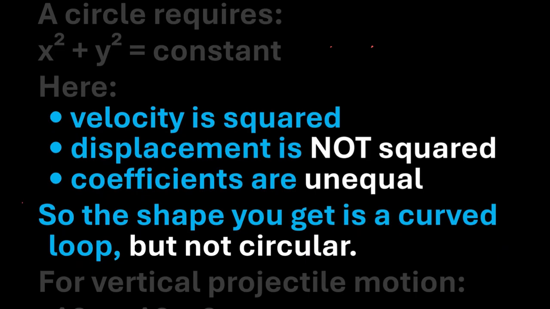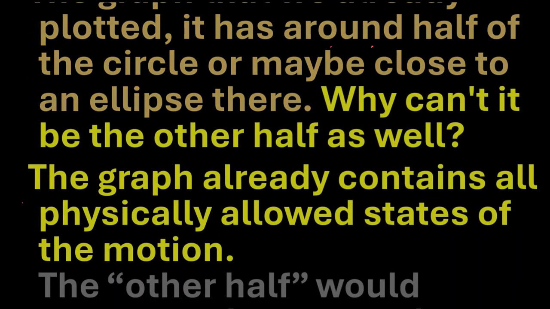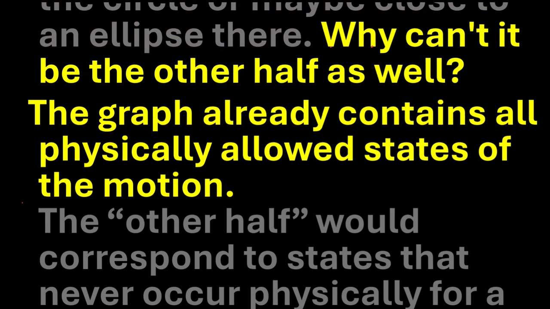Now for vertical projectile motion, the graph that we have plotted so far already has half of the circle, or maybe close to an ellipse. Why can't we assume that the other half as well is a circle? The graph already contains all the physically allowed states of motion.